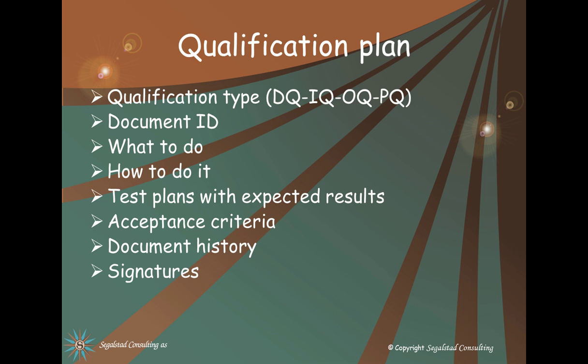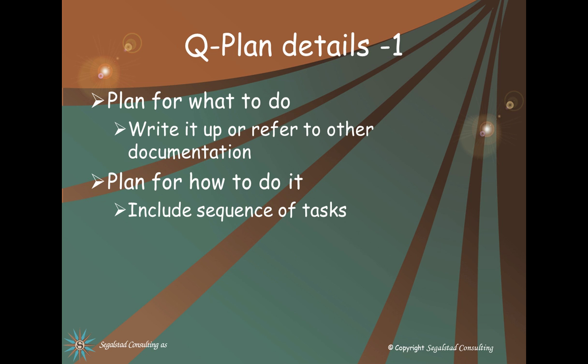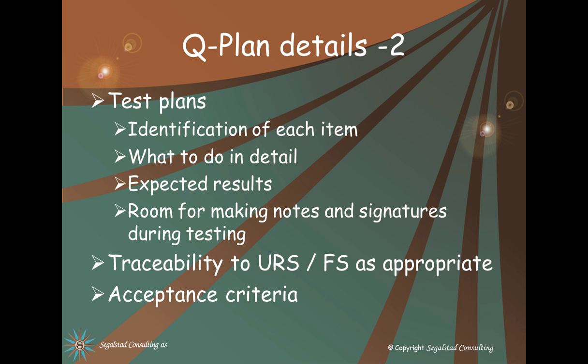As with the validation plan, the first pages are according to your normal requirements for documents, and I will let you read this and refer to it later and skip the details. The qualification plan details will be a plan for what to do, write it up or refer to other documents, plan for how to do it, including the sequence and the task.